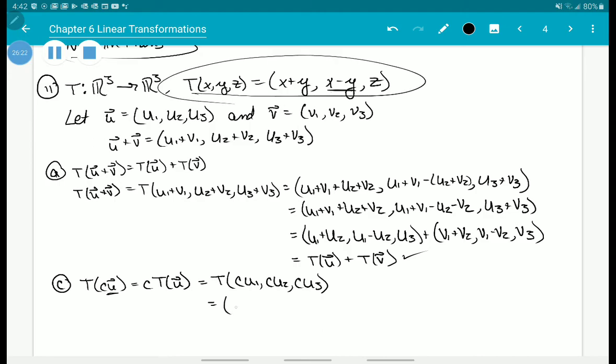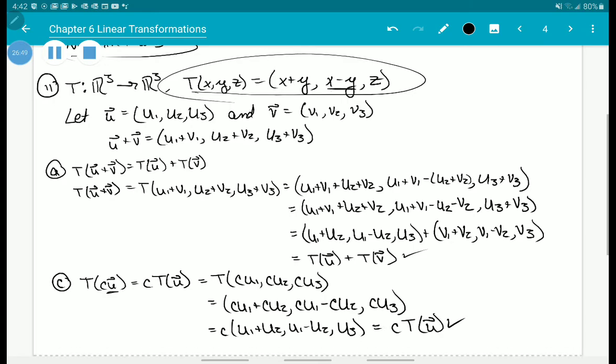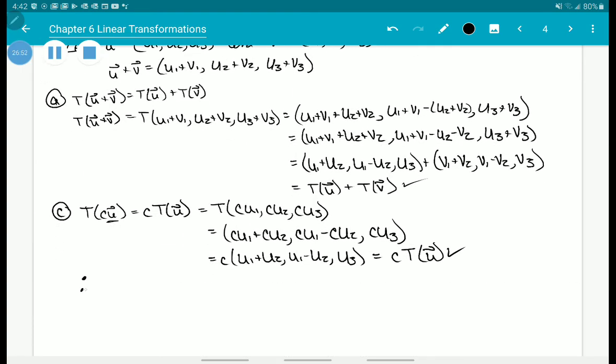It says first component plus second component, first minus second, and then third. Notice we could pull a c out. So that is equal to c times the transformation of U. So we have satisfied both axioms, therefore we do have a linear transformation.